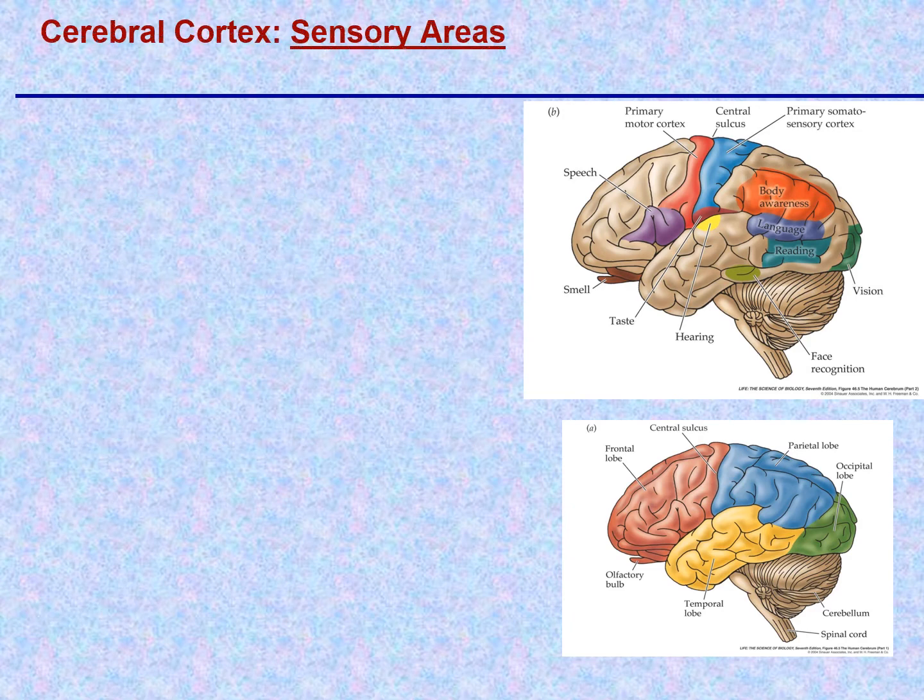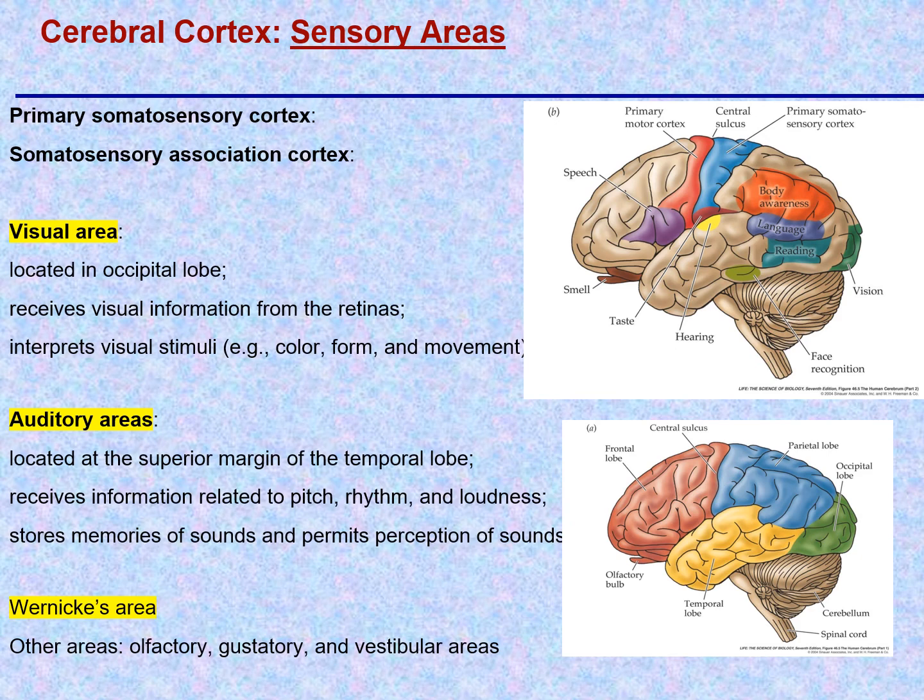Then you have also the visual area, auditory area, and Wernicke's area. The only one that I really would want you to certainly be aware of right now is vision. The visual sensory area is located in the occipital lobe at the posterior part of the cerebrum.